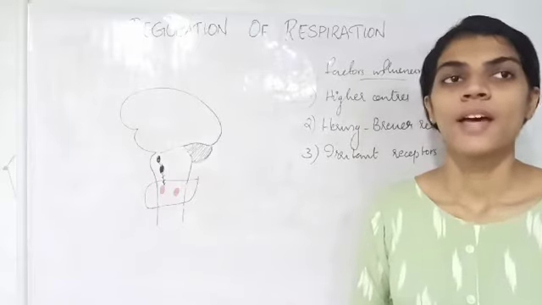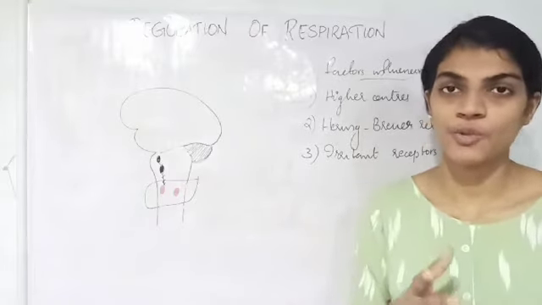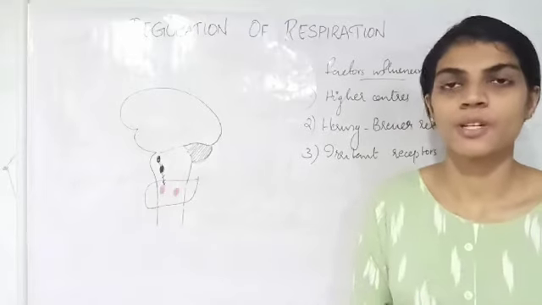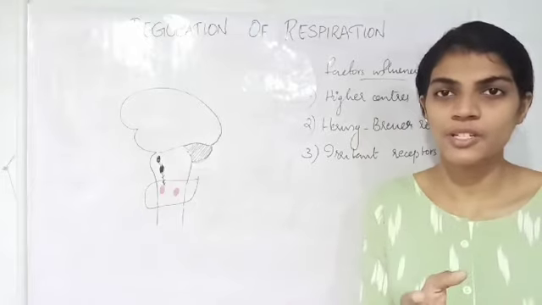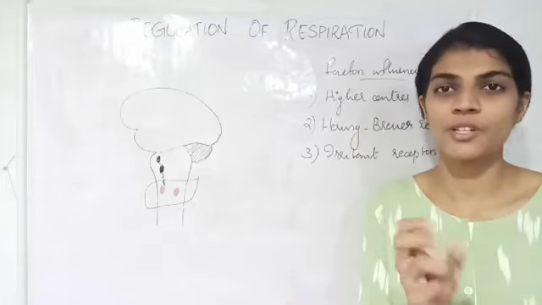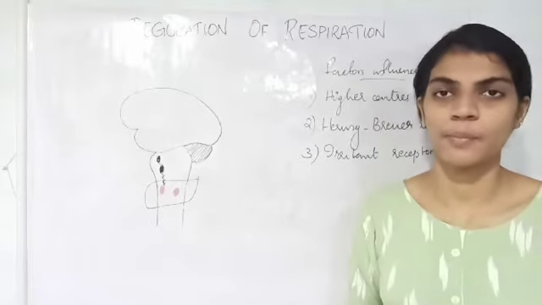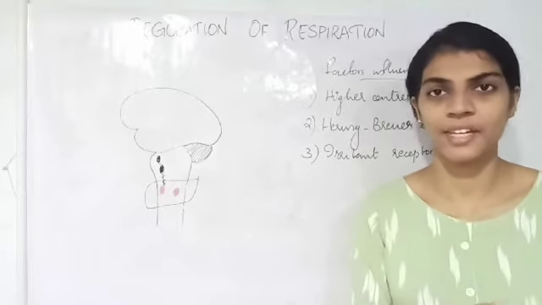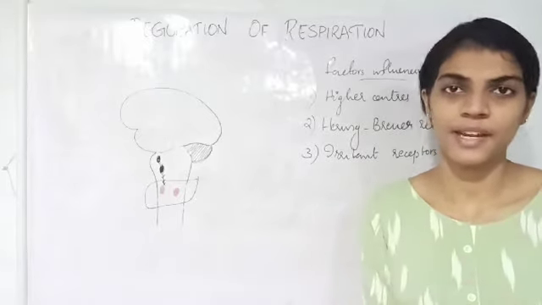And there are certain other receptors like proprioceptors, baroreceptors, and certain chemoreceptors. Chemoreceptors are receptors which can perceive any change in the chemical constituents of the blood. Not any chemicals, it is the oxygen and carbon dioxide content in blood.